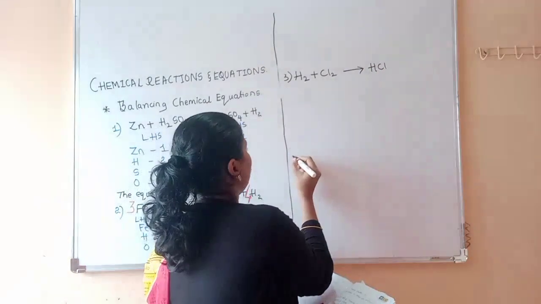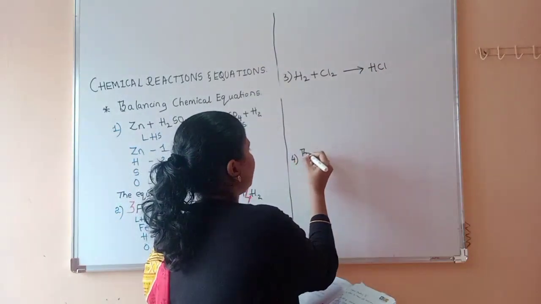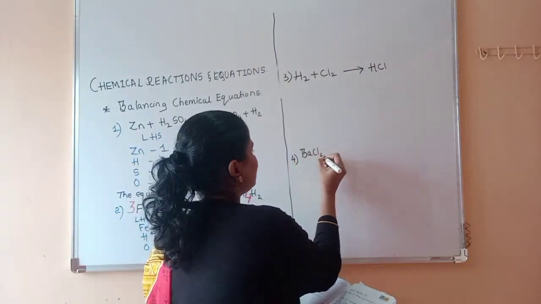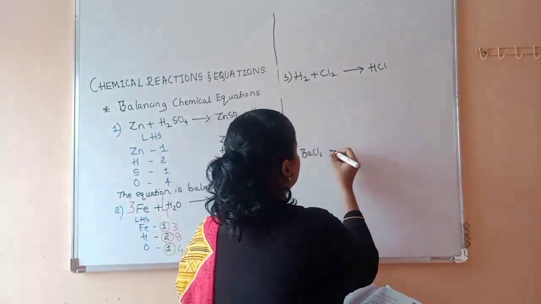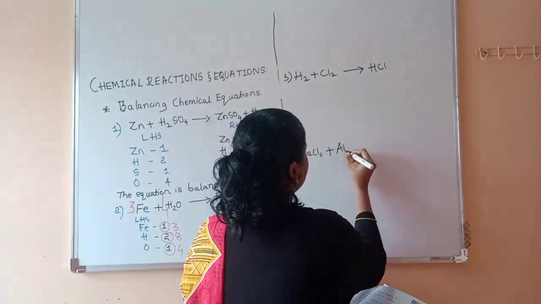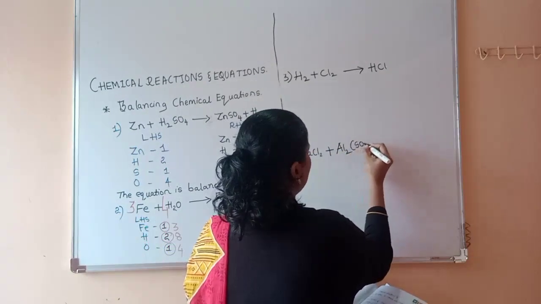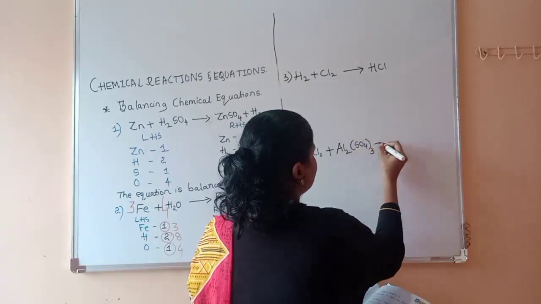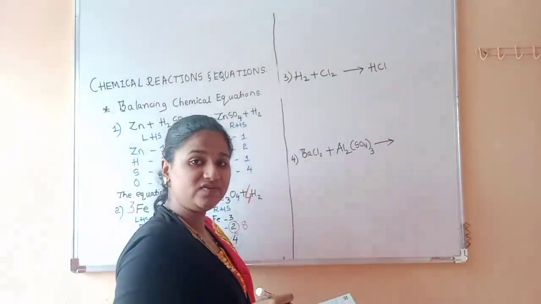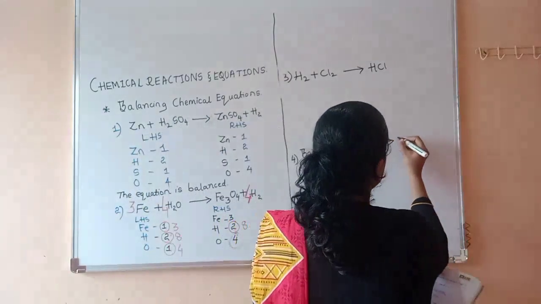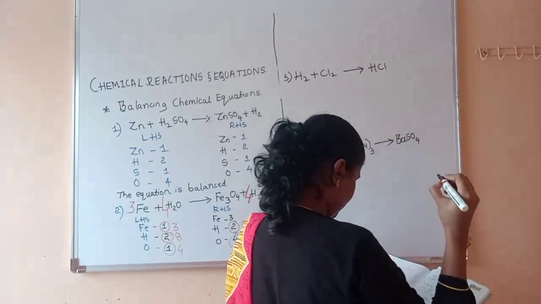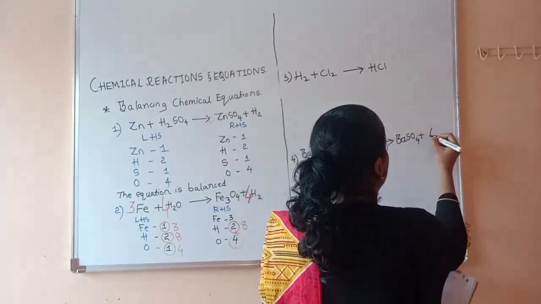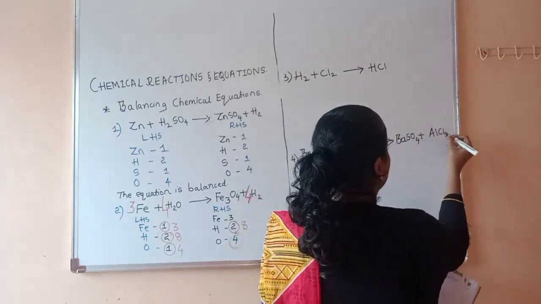The fourth one: barium chloride, BaCl2, reacts with aluminium sulfate, Al2(SO4)3, to give us barium sulfate plus aluminium chloride.